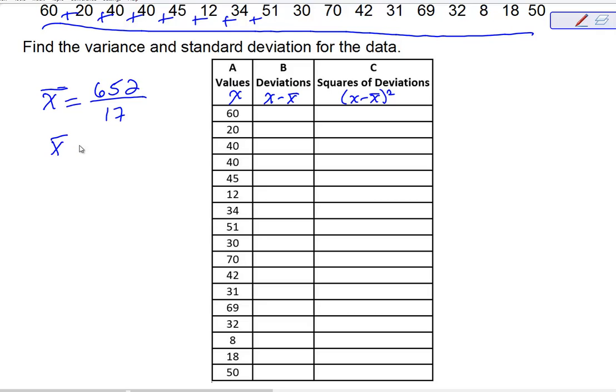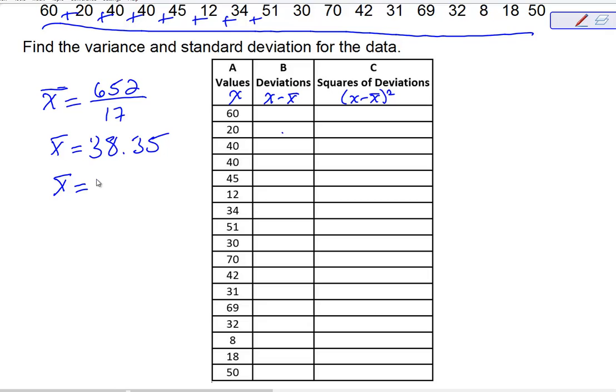So my sample mean is going to be, if I do this, I get 38.35, but my rounding rules say my data has 0 decimals, so I need to round everything to 1 decimal.